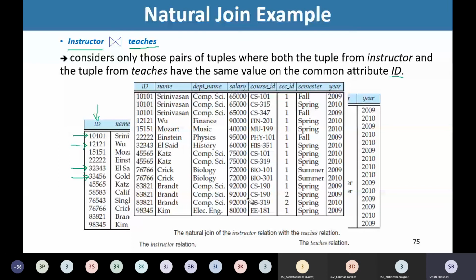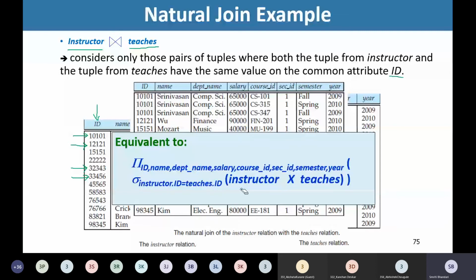So this is how we are going to apply natural join on real-time databases. This natural join, instructor natural join teaches, is equivalent to the relational algebra query written using only the basic operations.